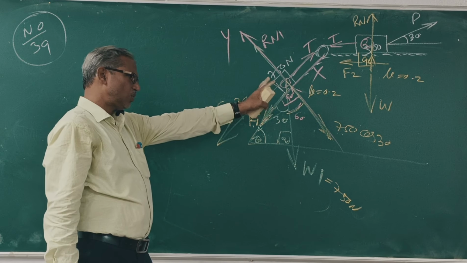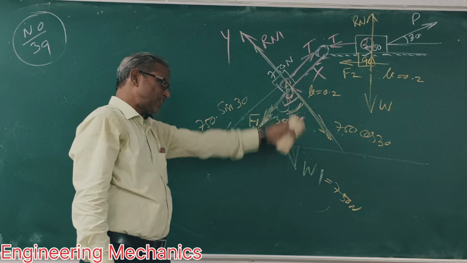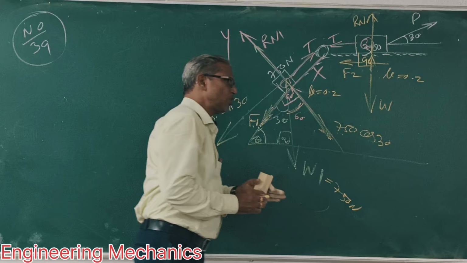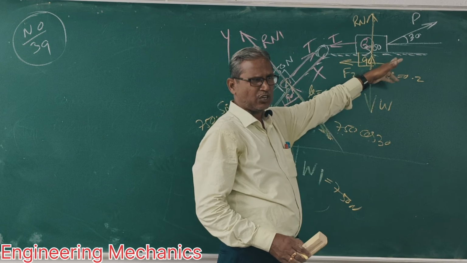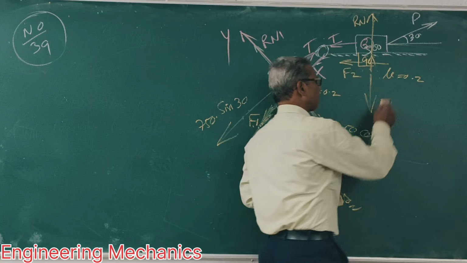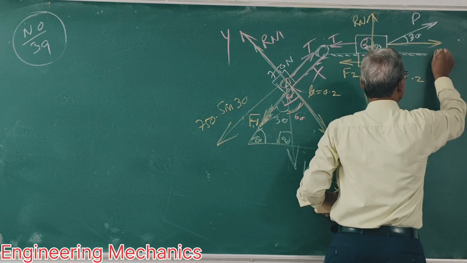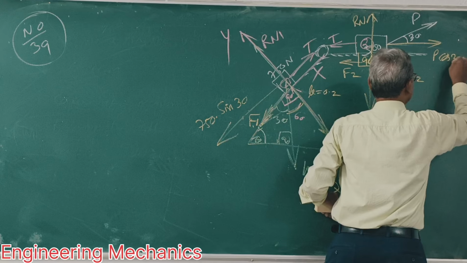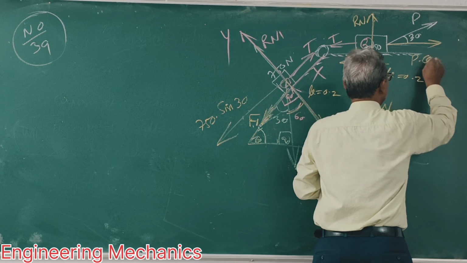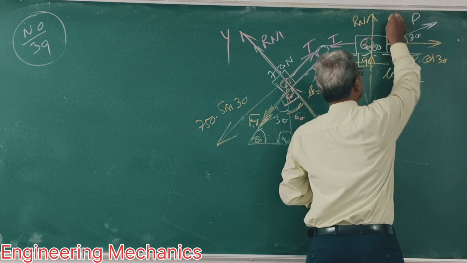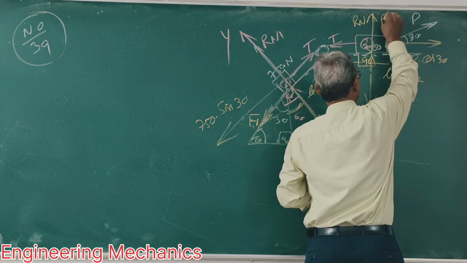So for figure 1, this is y-axis, this is x-axis. For figure 2, this is x-axis. Now resolve P. What is P cos 30? This force is P cos 30. What is this? P sin 30.